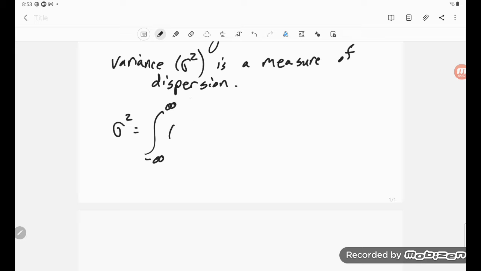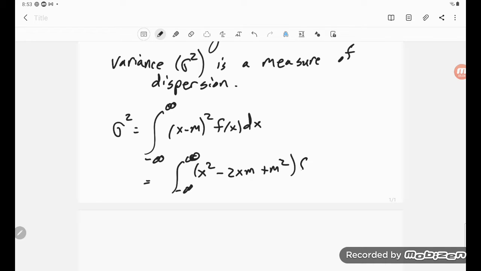I have my x minus m squared f of x dx. Well, that's equal to the integral from minus infinity to infinity of x squared minus 2xm plus m squared, all times f of x dx.